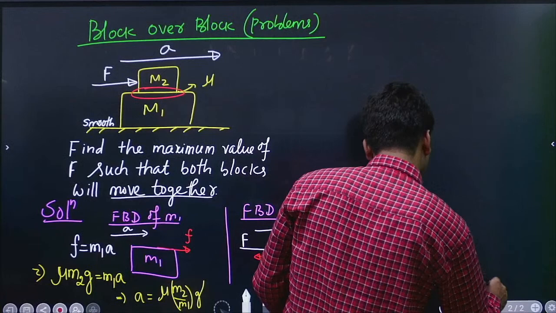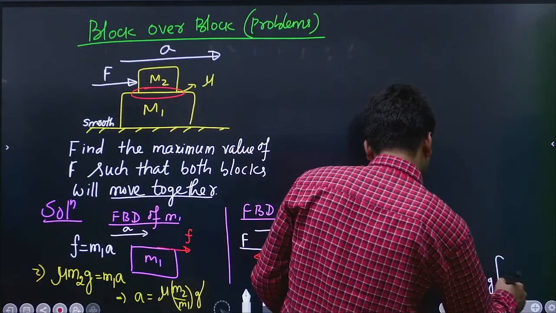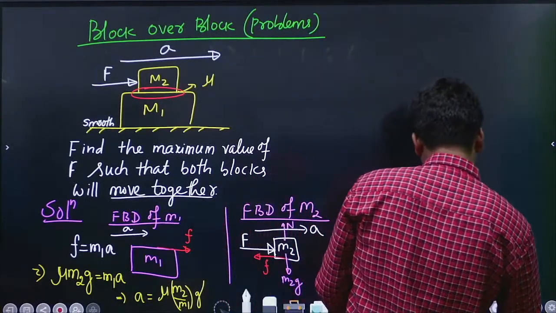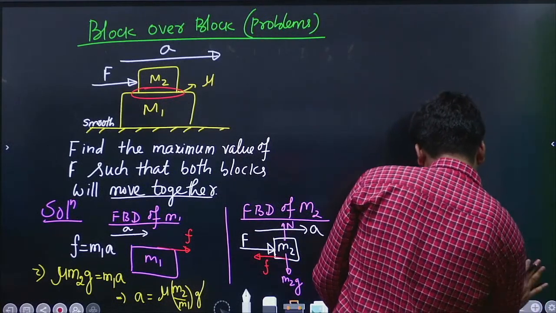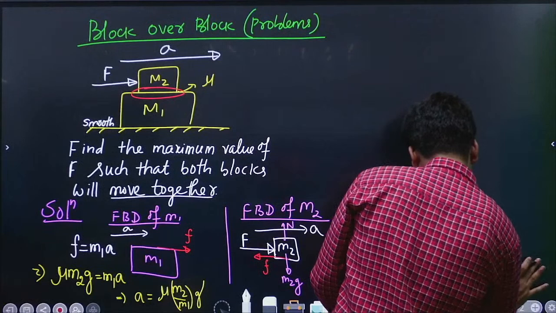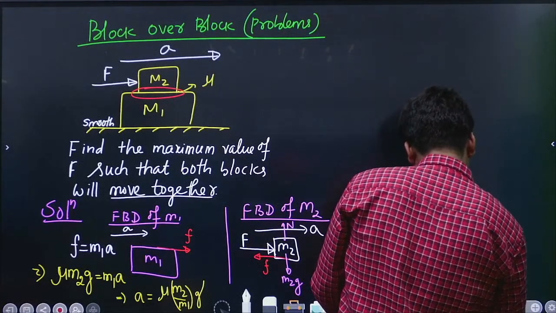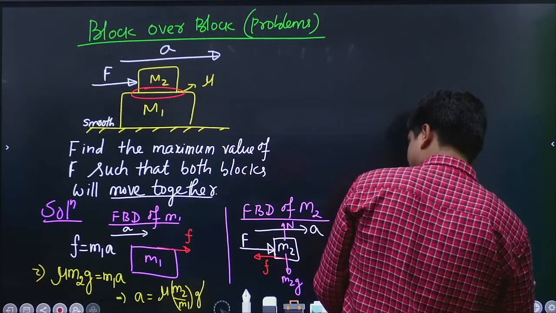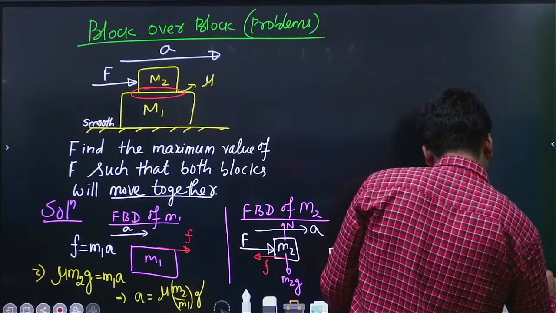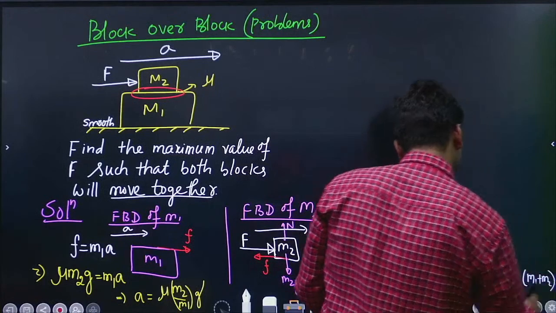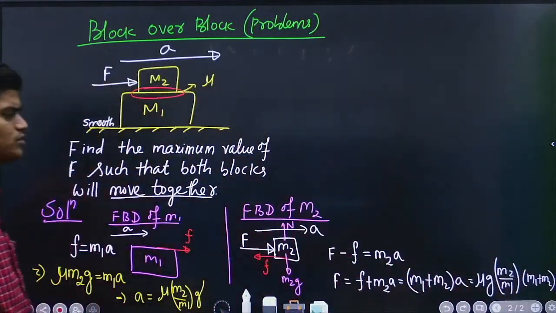Substitute this value, how much will come? Mu G will come, and here what do you have? Now M2. Or write together, right? Mu G M2 by M1 into M1 plus M2.